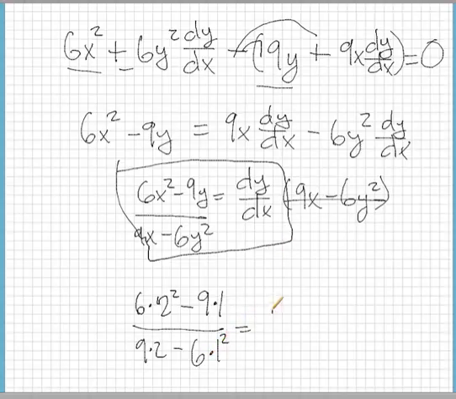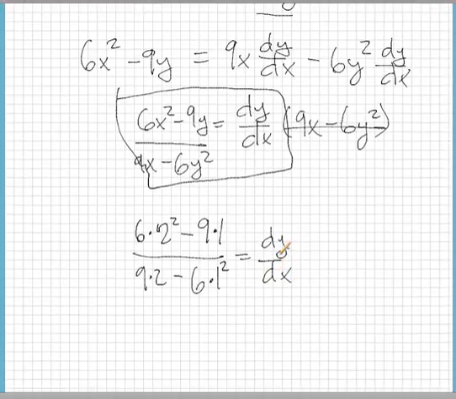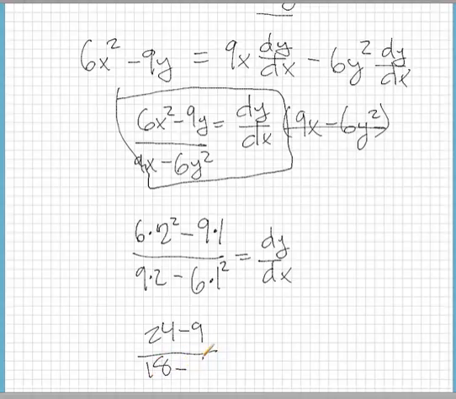This is going to equal dy/dx at (2, 1). So this is 4 times 6 is 24 minus 9, and then 18 over 18 minus 6.